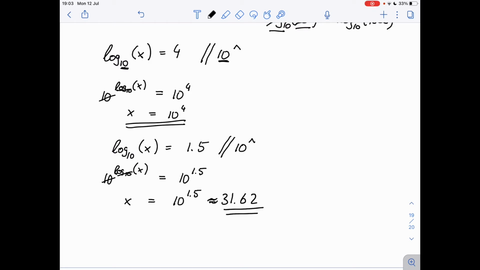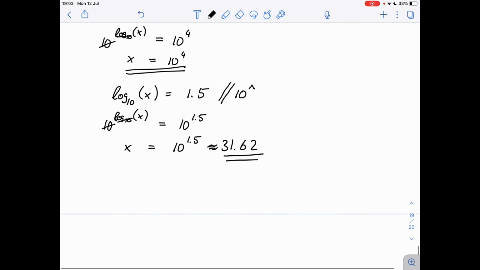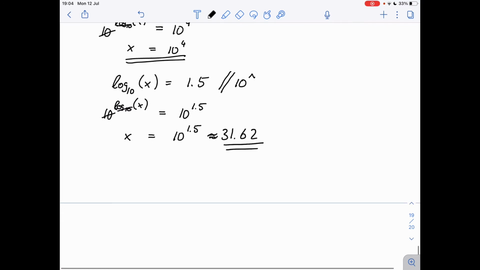There's obviously a little bit of rounding involved here. So again, we use the inverse mathematical operations to eliminate our log.